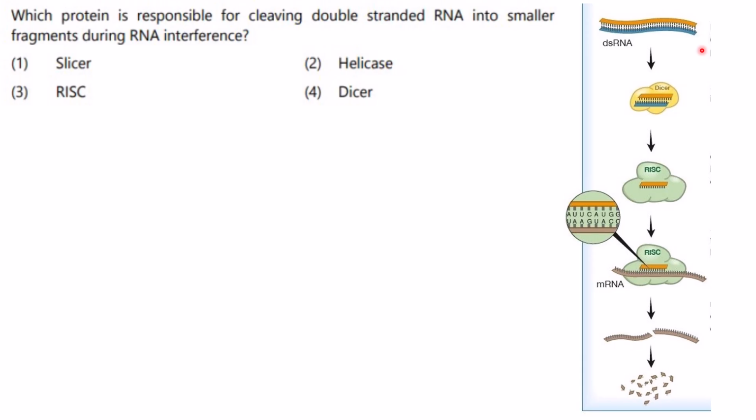So if the cell encounters a long double-stranded RNA from a virus, there is an enzyme called dicer, and it will cut this long double-stranded RNA into small fragments around 21 to 25 nucleotides long, and these are called siRNA.